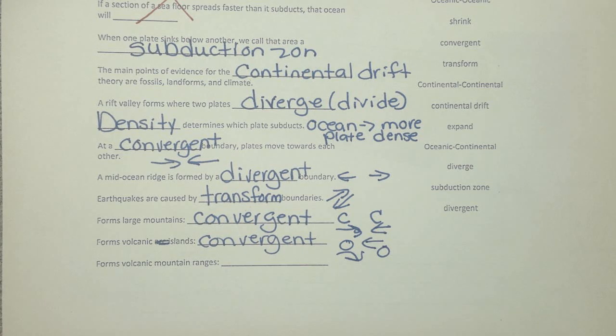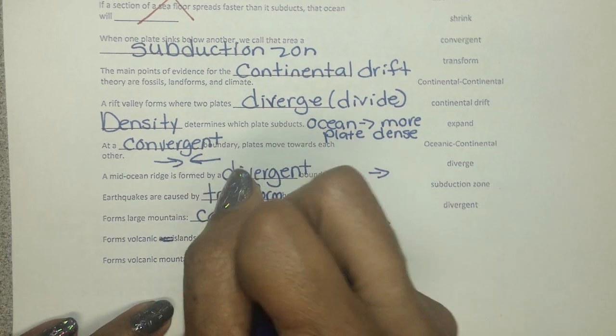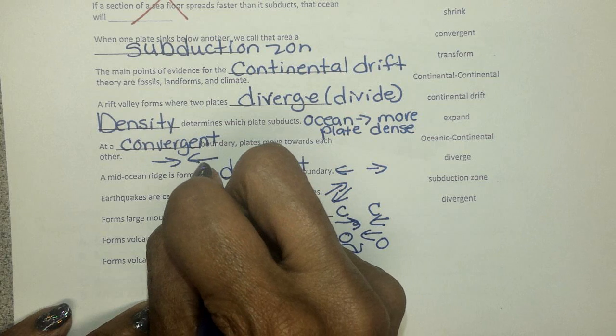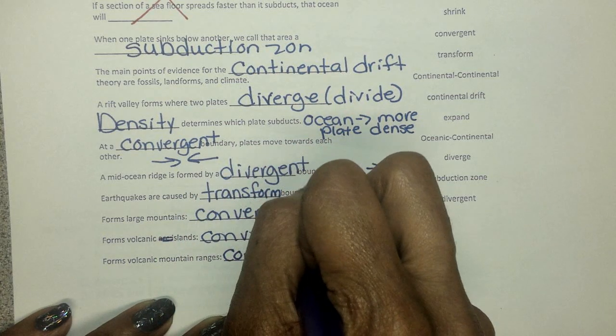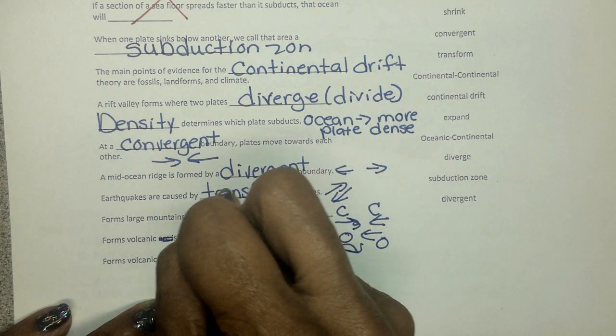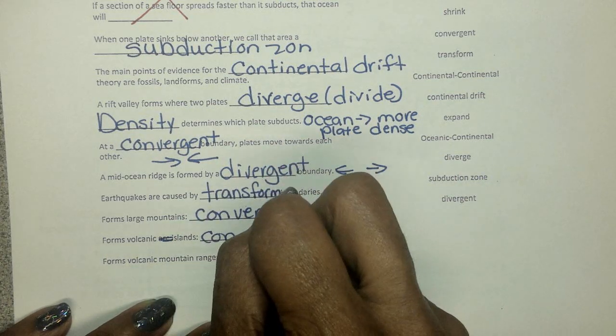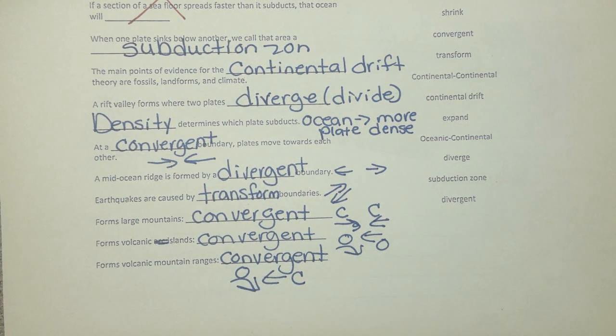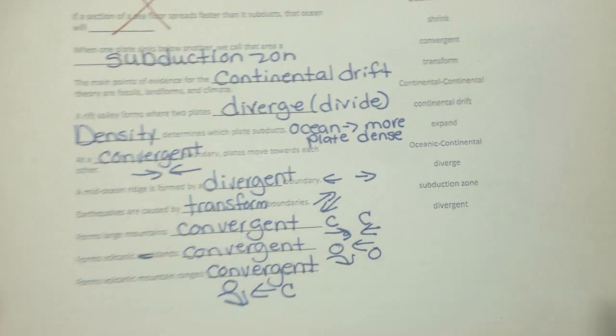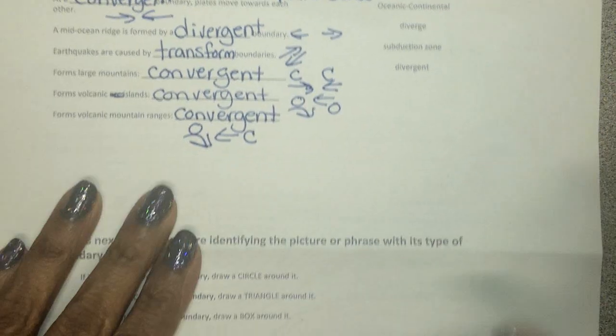And volcanic mountain ranges, that is also a convergent boundary, but this is the one where you have the ocean that sinks and the continent. All right, next section.